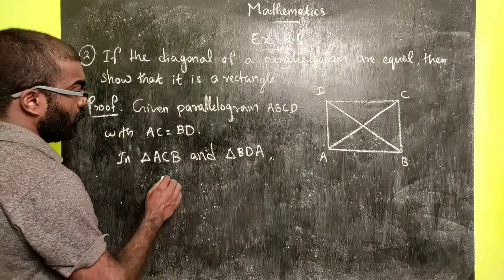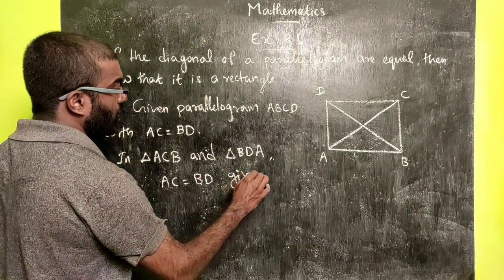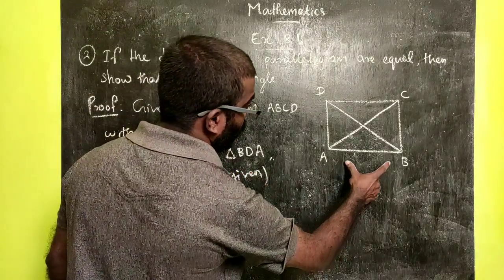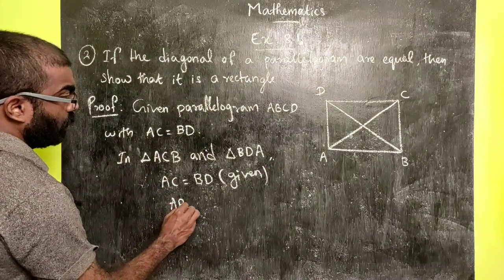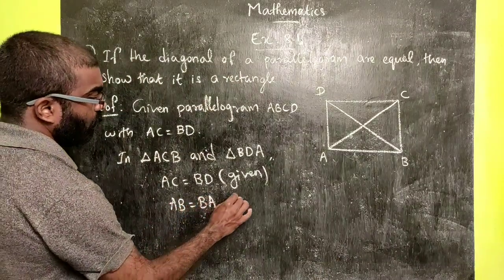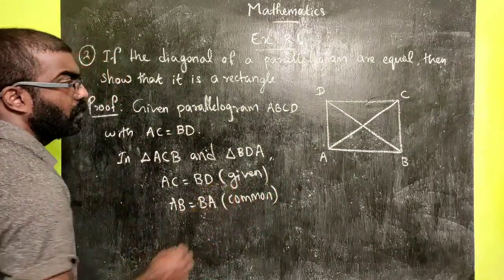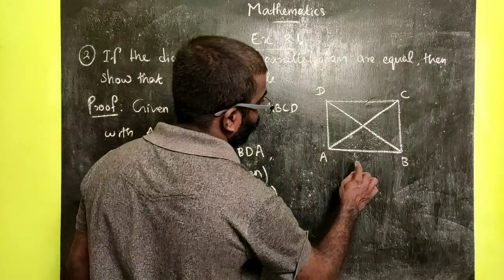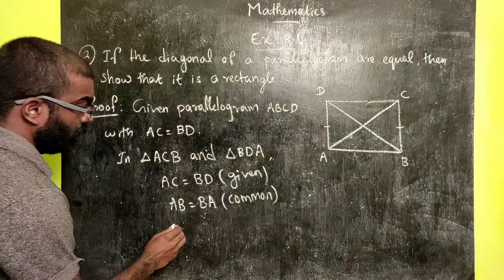AC equal to BD, it is given. Diagonals are equal. Then we can write the common side AB. AB which is equal to BA, common to both the triangles. Next we can take the sides BC and AD.